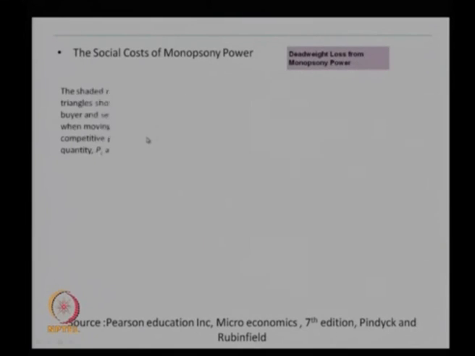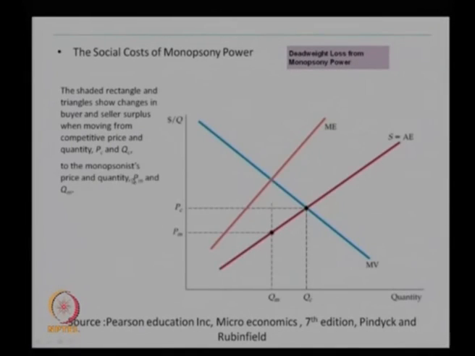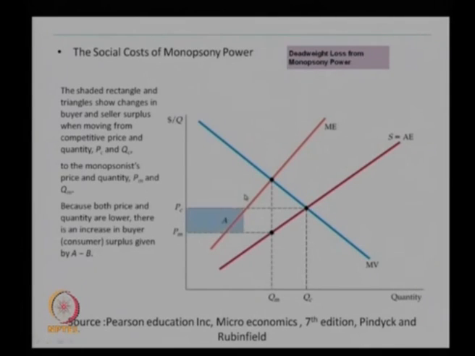Now, let us look at the social cost of monopsony power. Here again we have one curve to understand the demand and another to understand the supply.